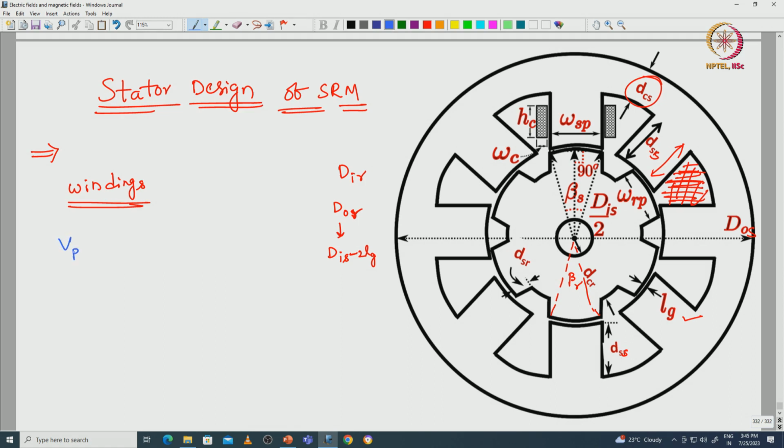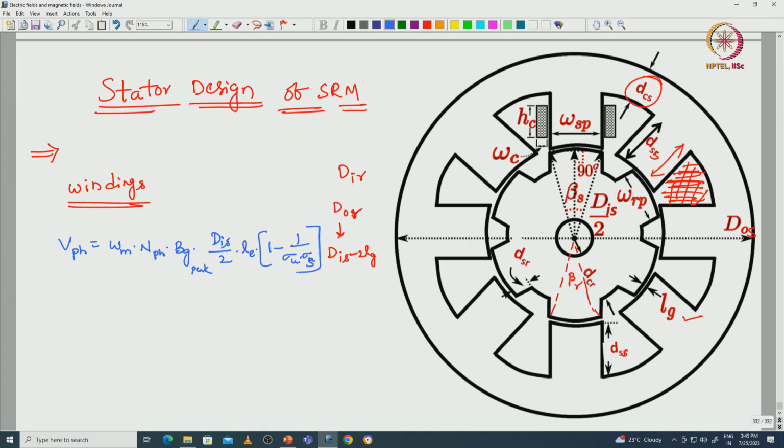First, with respect to the winding, how many turns we have to select per phase. From the voltage equation from the last lecture, V phase is equal to omega m, that is angular speed, into number of turns per phase, into flux density at the air gap peak value, into dis, that is inner diameter of the stator, by 2 into Le into 1 minus 1 by the inductance ratio terms product.